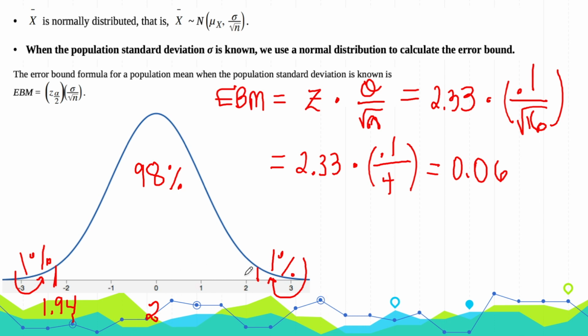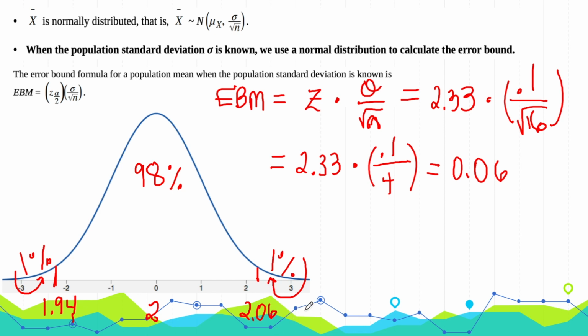Awesome. And then we add 0.06. So we are 98% confident that the true population mean of the weights of these silly bags of candies lies between 1.94 ounces and 2.06 ounces. Now, do you remember what our confidence interval was before?